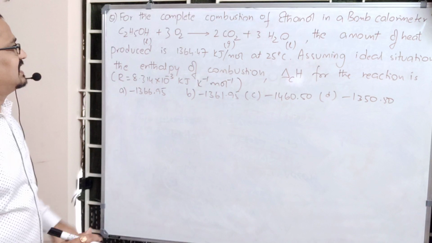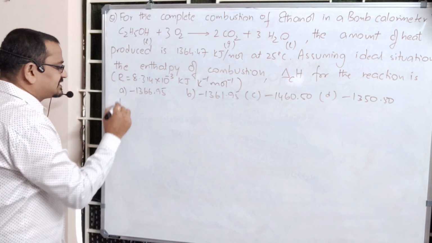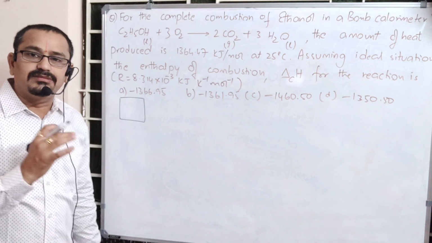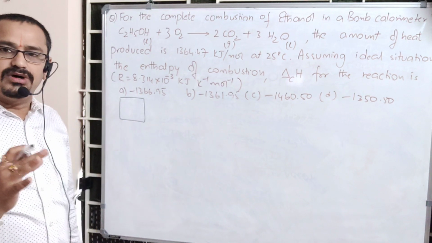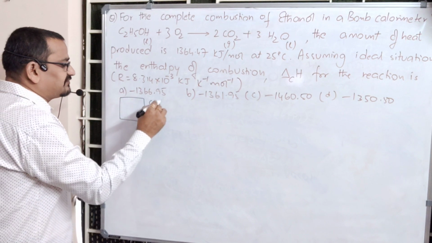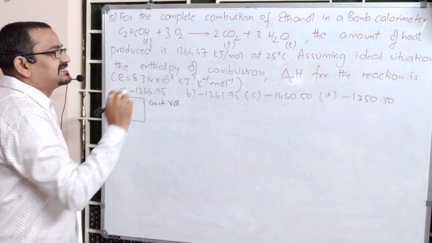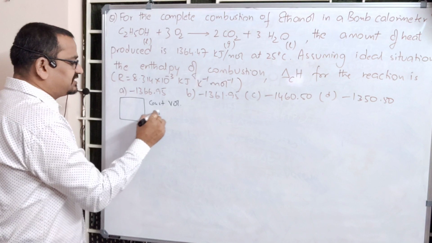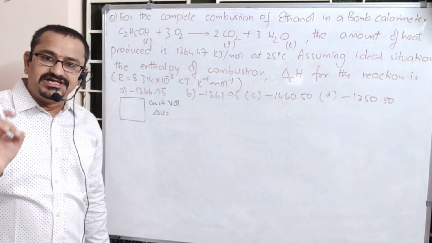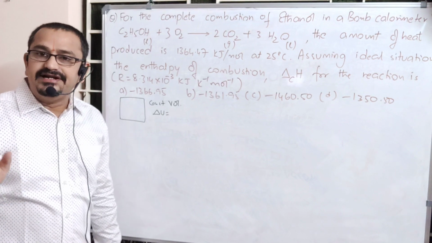Now let us calculate this. As the process is taking place in a bomb, see, this vessel in which the combustion is carried out is said to be a bomb. You are aware of that point. As it is taking place at constant volume, the heat change involved in this is called internal energy change.